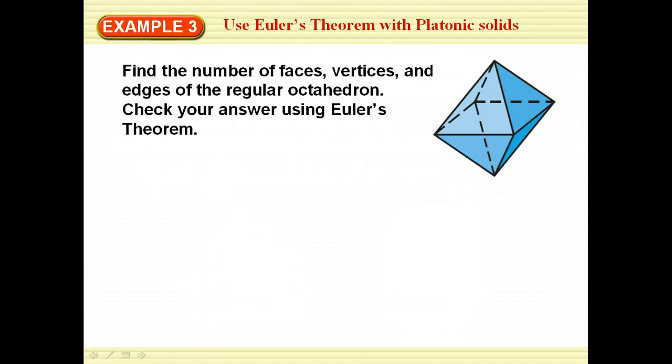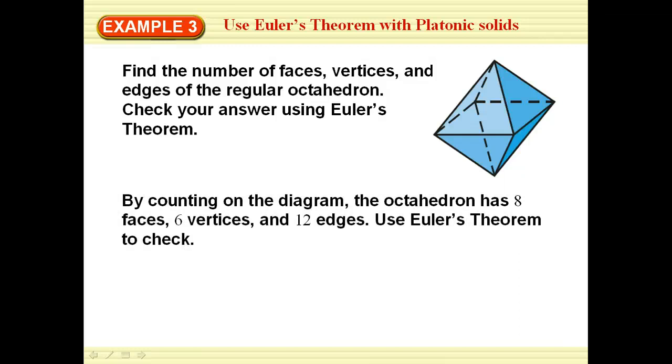So we want to use Euler's theorem with Platonic solids: find the number of faces, vertices, and edges of the regular octahedron, and check using Euler's theorem. So faces. For this one, I have 1, 2, 3, 4 triangles on top and 4 triangles on bottom. So that's going to be 8 faces.